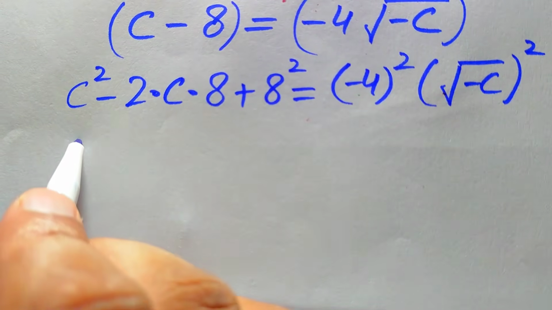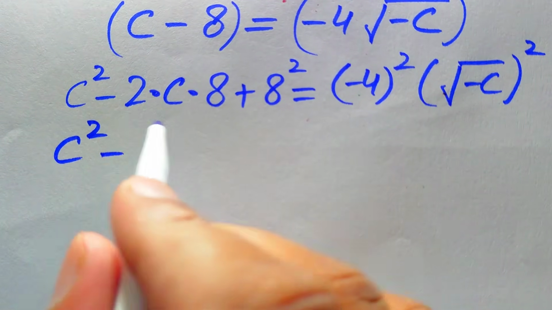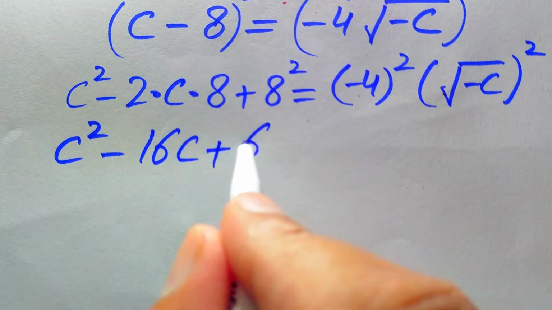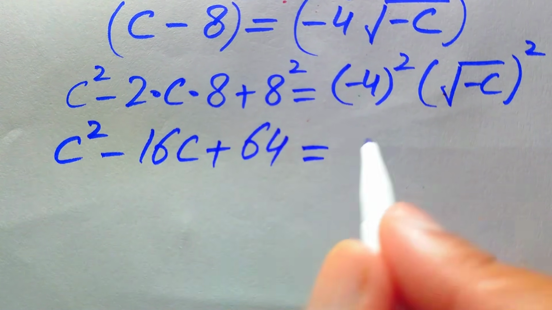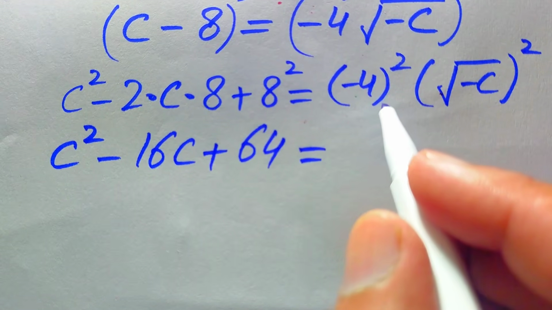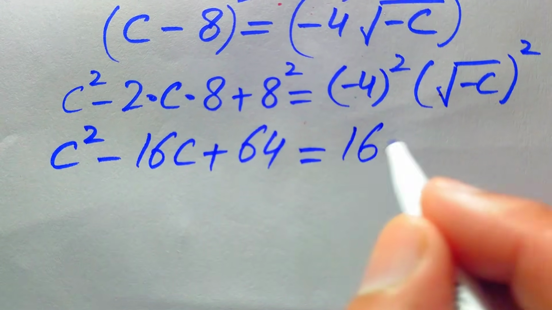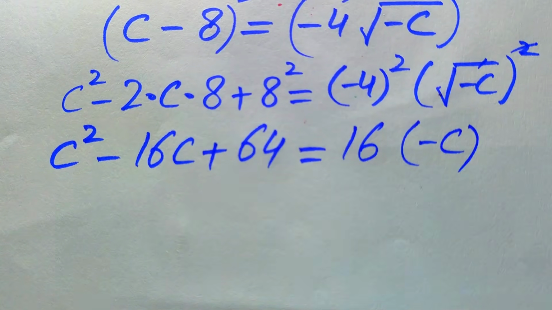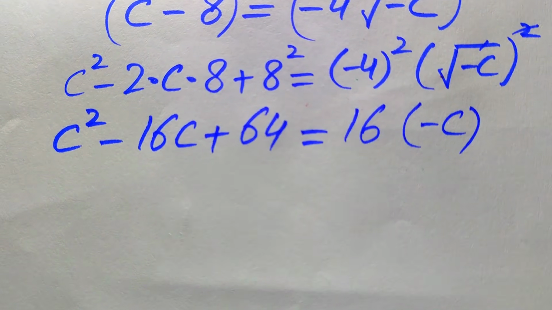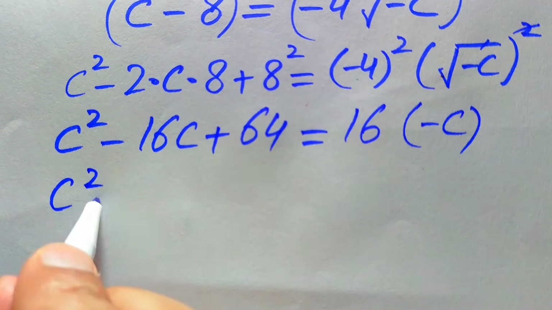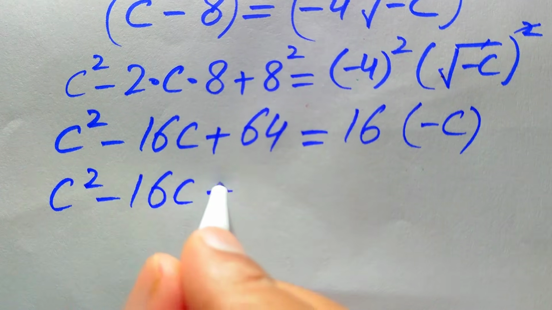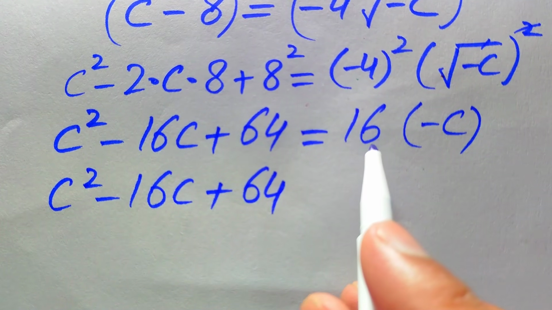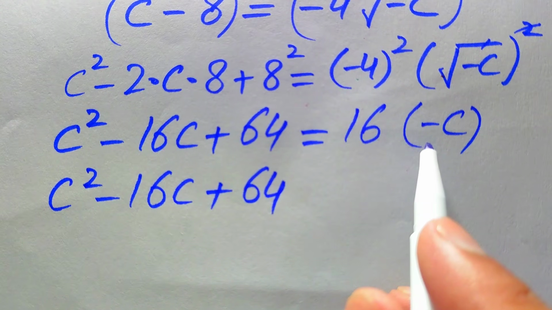And now we need more simplifications, and we get c square minus 2 times 8 becomes 16c plus 8 square becomes 64 is equal to minus 4 square becomes 16, the square and square root are gone, and we get minus c only. Now we have c square minus 16c plus 64, and on the right hand side we have 16 times minus c.